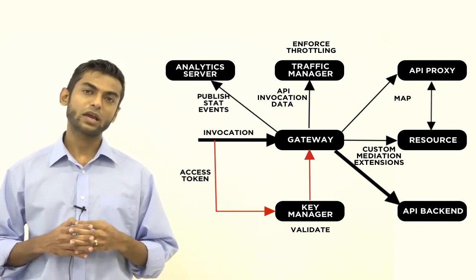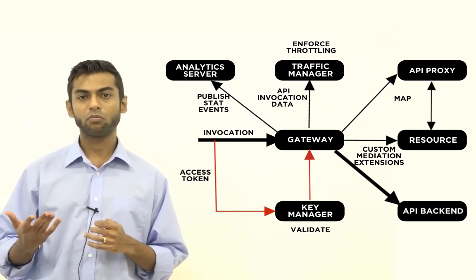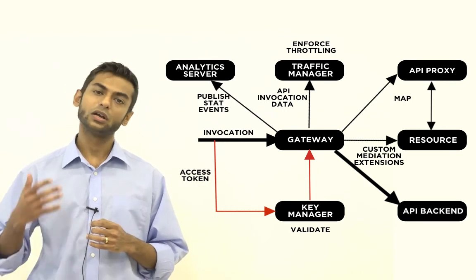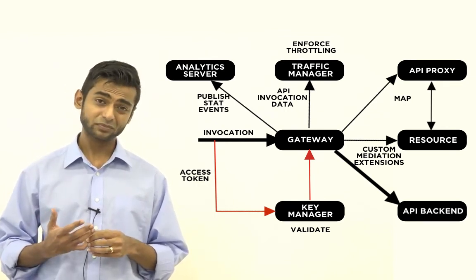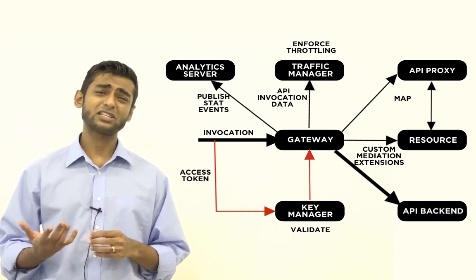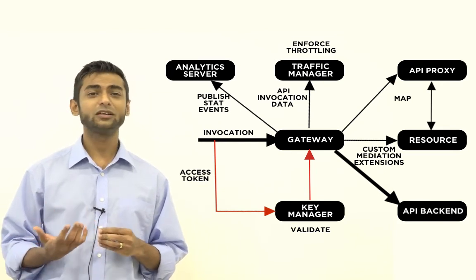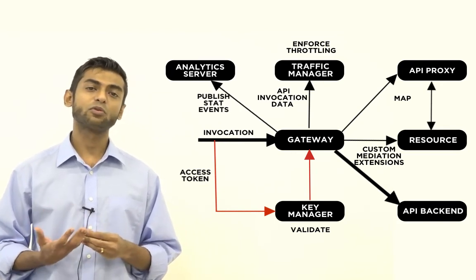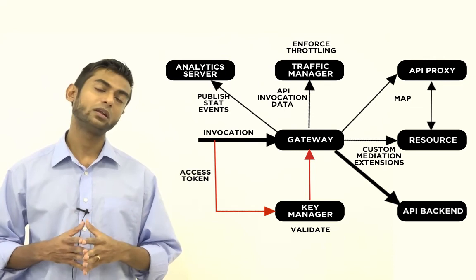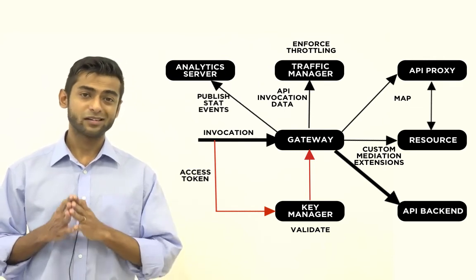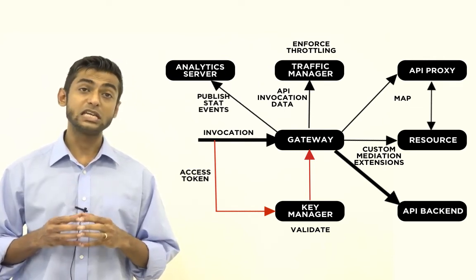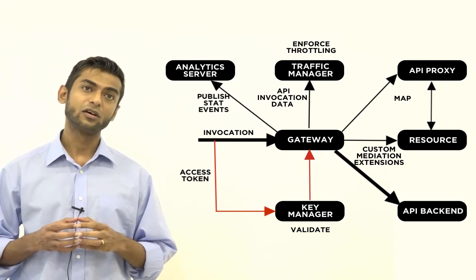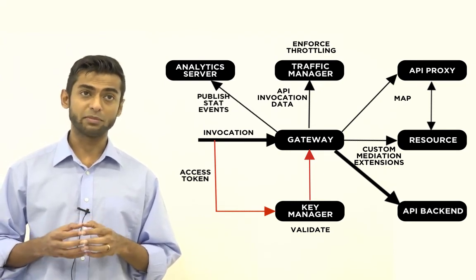If you look at the next point, which is response caching. Response caching is an optional performance improvement that you can choose to enable, and it uses the ESB's cache mediator to be implemented.